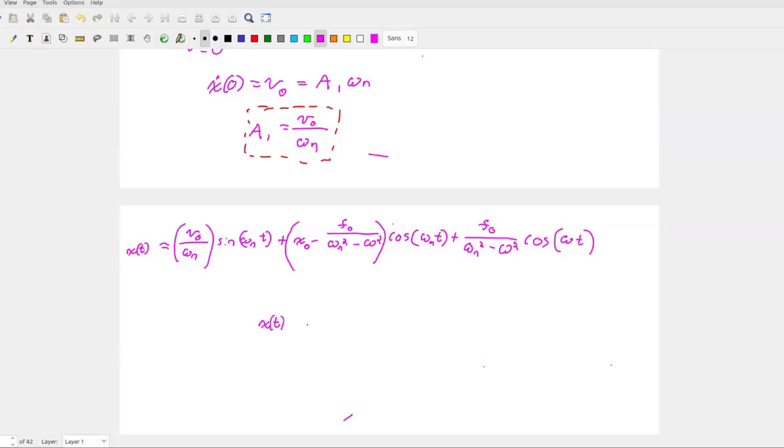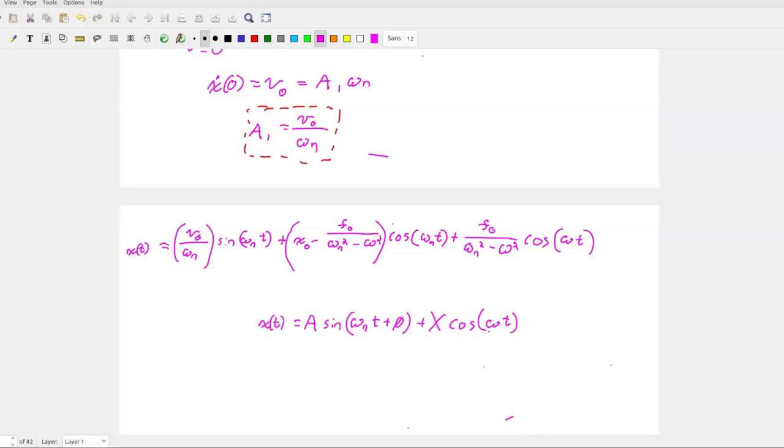X of t is equal to capital A sine of omega n t plus phi. And that's an A with no subscript, because it's just the amplitude of the system, plus capital X cosine of omega t.